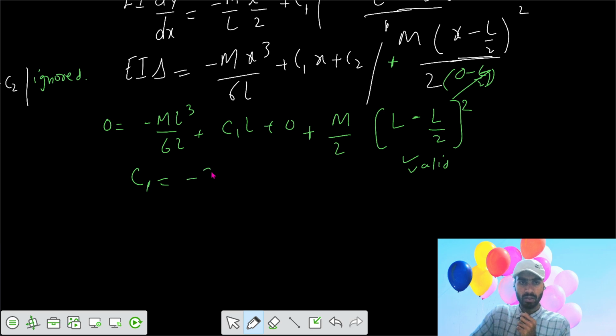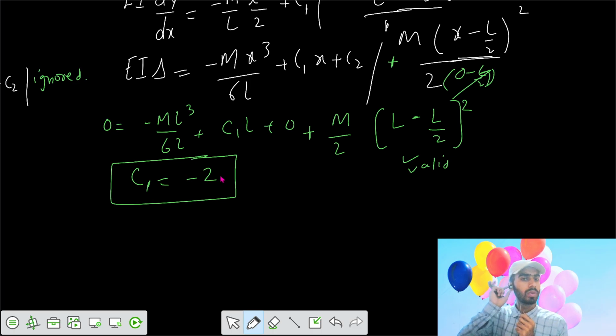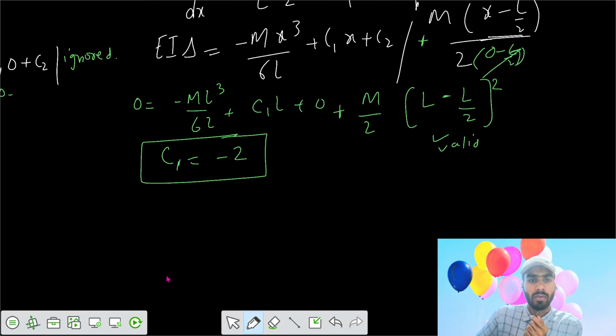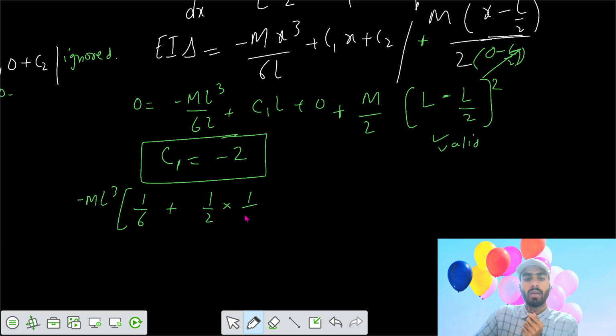c1 equals minus... let's calculate that. We can say minus M L cube. Let's take minus M L cube common. We can get the value of 1 by 6, then plus 1 by 2 into L minus L by 2, which is L by 2, so we get 1 by 4.